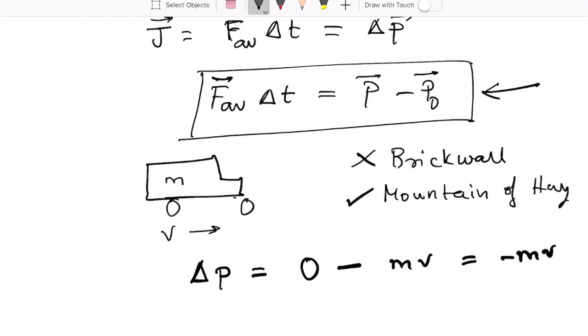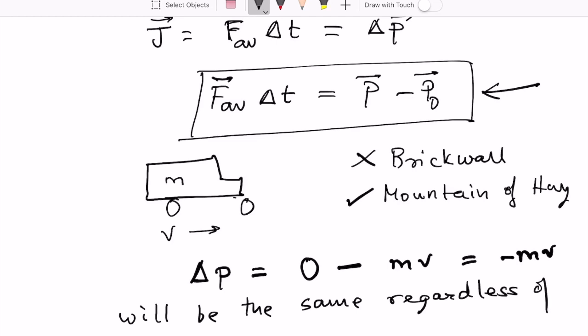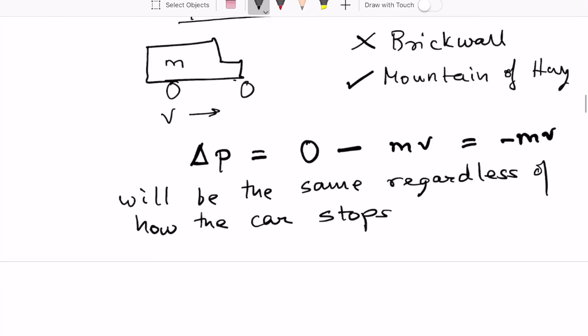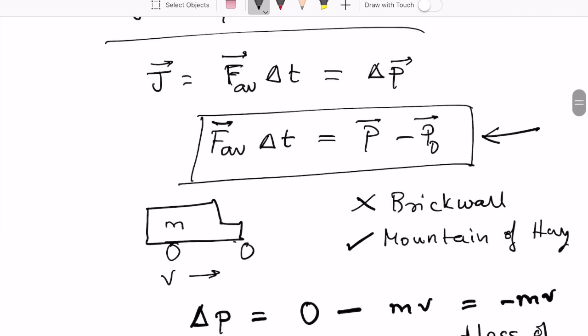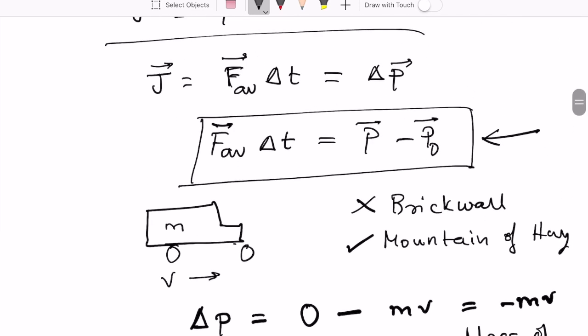So this is going to be the same regardless of how the car stops, either by colliding with the brick wall or by colliding with the mountain of hay, right? So the change of momentum is the same. However, the average force felt by the driver or felt by the entire car would be different in the two cases, right?